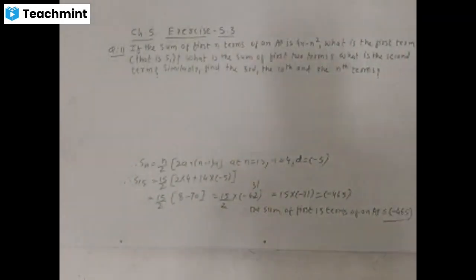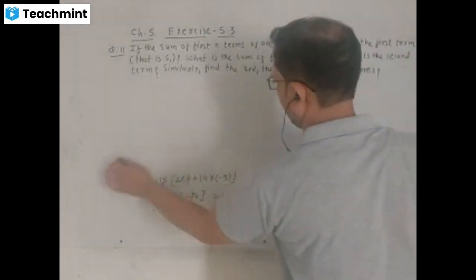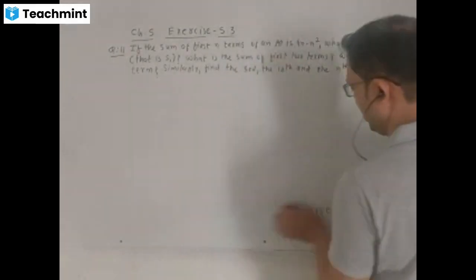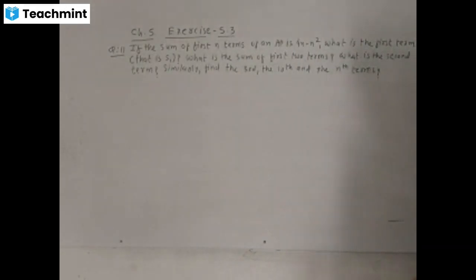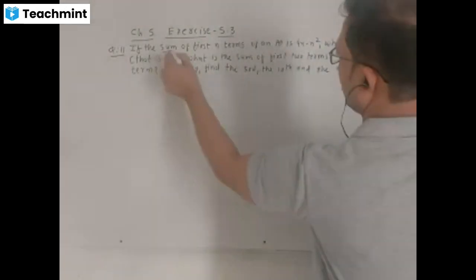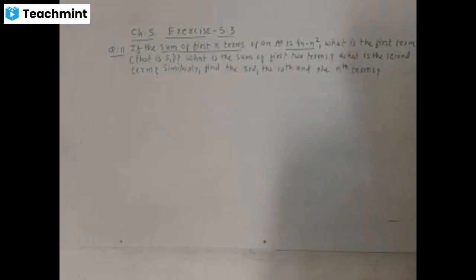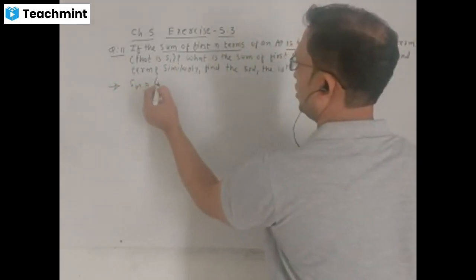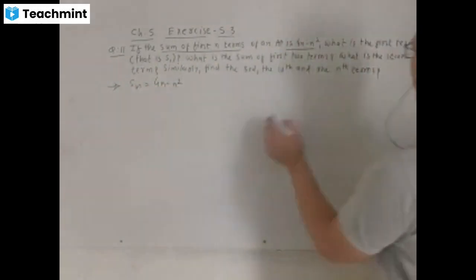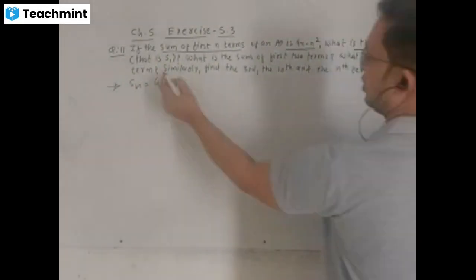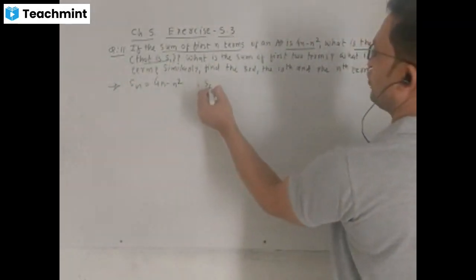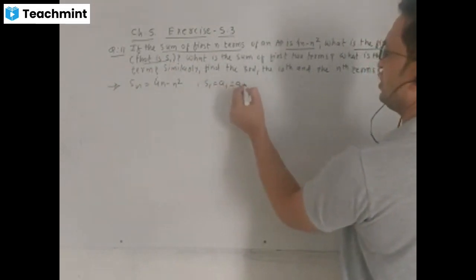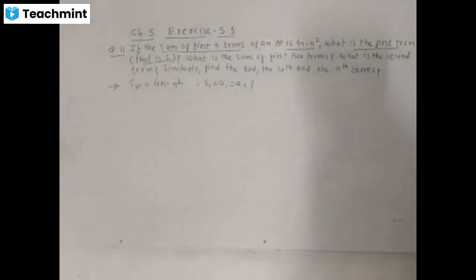Here in this question, the sum of first n terms, Sn, is equal to 4n minus n square. We need to find the first term, that is S1, otherwise a1 is equal to a is question mark.